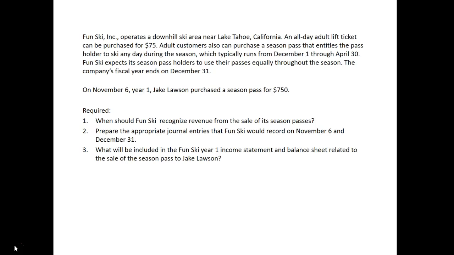Fun Ski expects its season pass holders to use their passes equally throughout the season. The company's fiscal year ends on December 31st. On November 6, year 1, Jake Lawson purchases a season pass for $750.